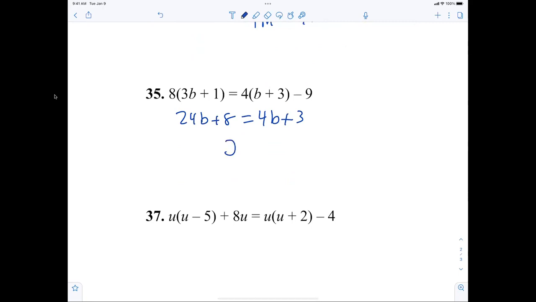So 20e equals negative 5. You're amazing. So e equals negative 1/4, since you're dividing by 20. 5 over 20. Why is it negative? Hang on. 3 minus 8 is negative 5.